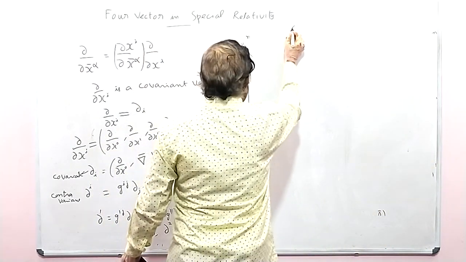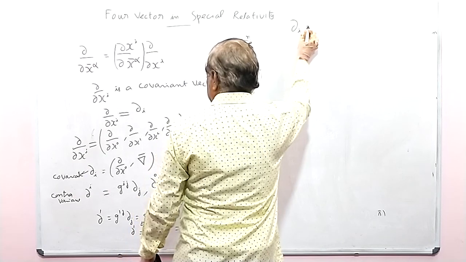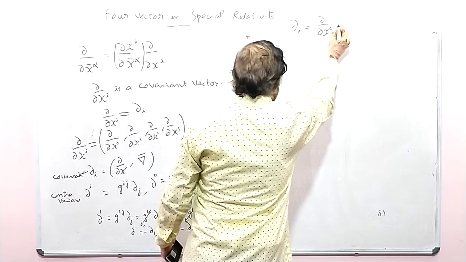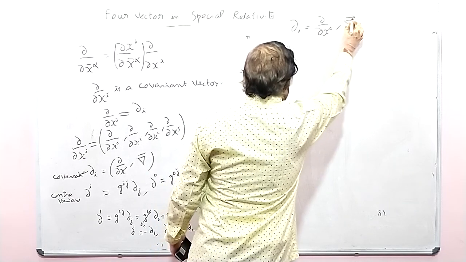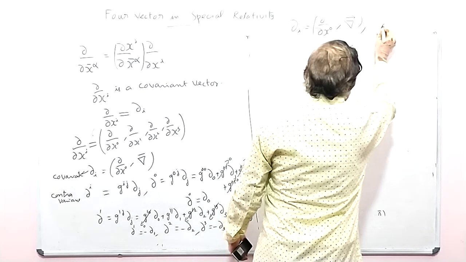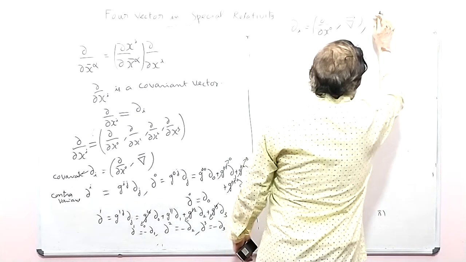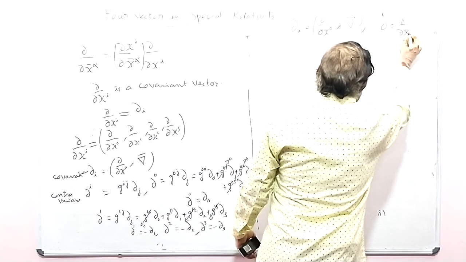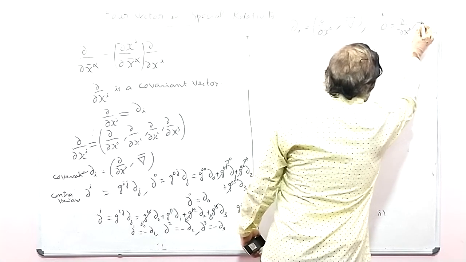Therefore, di is equal to d by dx0 comma delta, and the contravariant vector d^i is equal to d by dx0 comma minus delta.